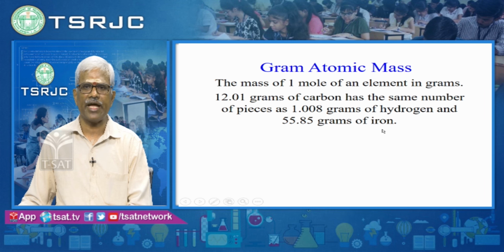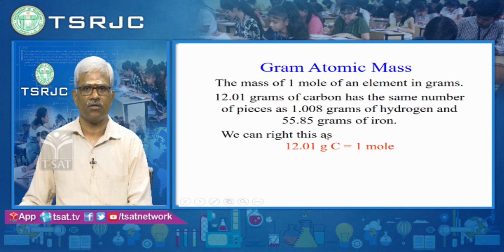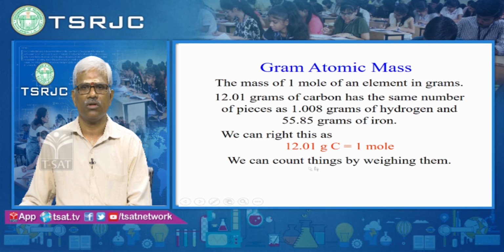If we consider iron's atomic mass as 56 units, 55.85 is the average mass. We can write this as 12.01 grams of carbon, that is the average mass of all isotopes of carbon, 1 mole.